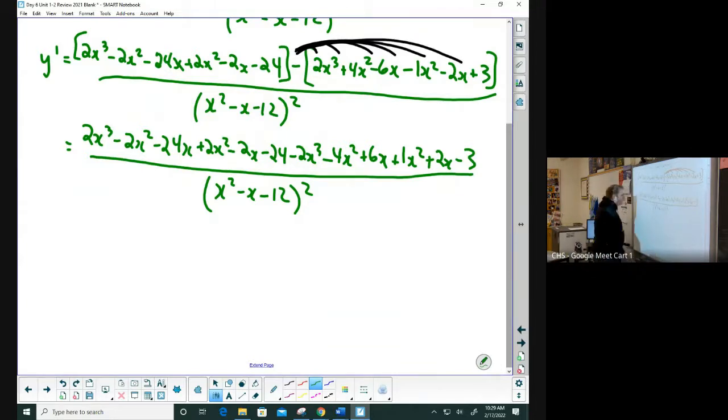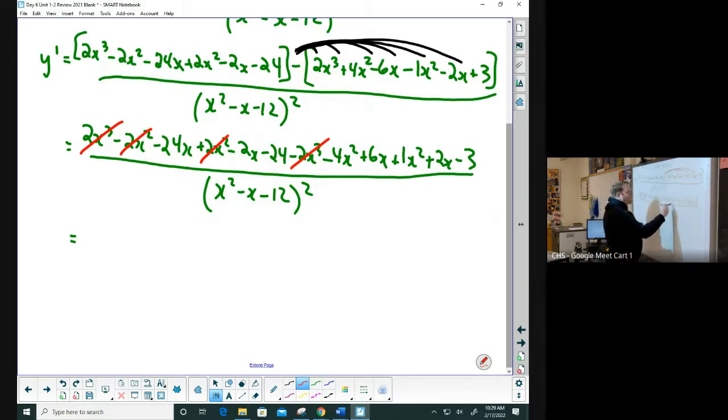Now I'm going to collect like terms. This is where underlining or crossing out or something like that is a great strategy. Notice that 2x cubed minus 2x cubed is gone. That's exciting. I even have a minus 2x squared and a plus 2x squared. That's gone.